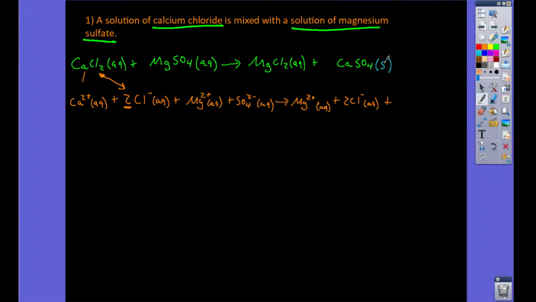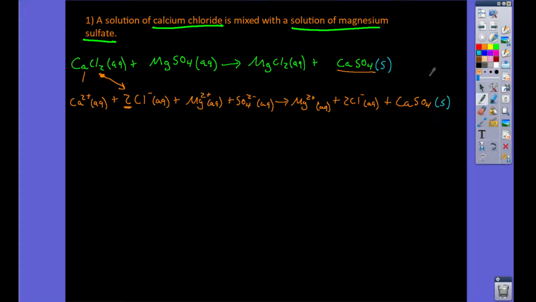And then our insoluble precipitate, the calcium sulfate here, is just going to stay as is. Because it doesn't dissolve into the solution, it wouldn't separate into the individual ions for the complete ionic equation. So this is just going to be CaSO4 and is going to be that solid insoluble compound.